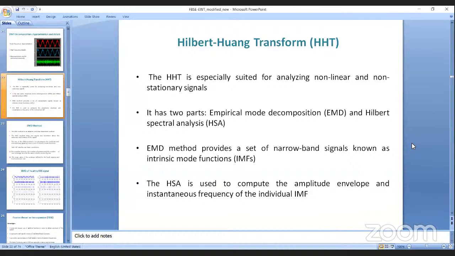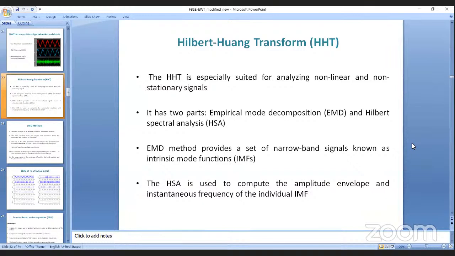This method doesn't have any mathematical framework, but it is based on one algorithm known as the shifting process, which is based on the maxima and minima. You have to pick up the maxima and minima, then interpolate them, then average the envelopes corresponding to the maxima and minima.